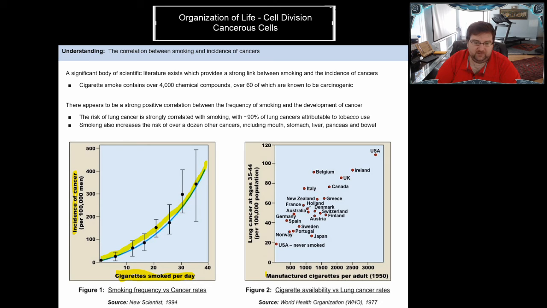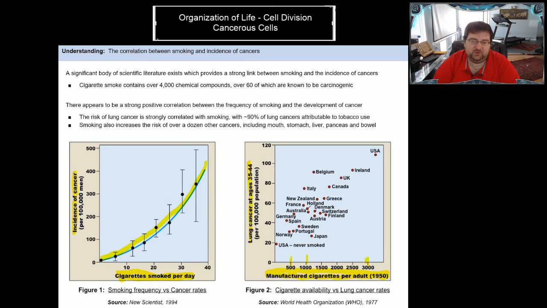And we can look at this second figure here. This is a little bit different. On the x-axis, we have the amount of cigarettes that are being manufactured per country per adult. So this would be manufacturing 500 cigarettes per adult, 1,000 and 3,000 cigarettes per adult. And on the y-axis, you have the incidence of lung cancer between the ages of 35 to 44.